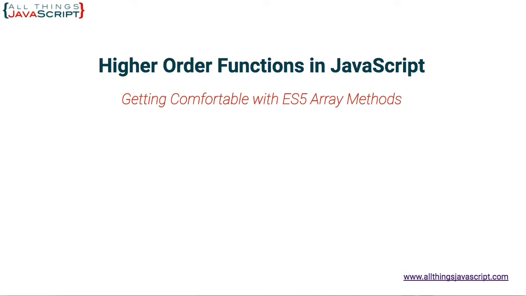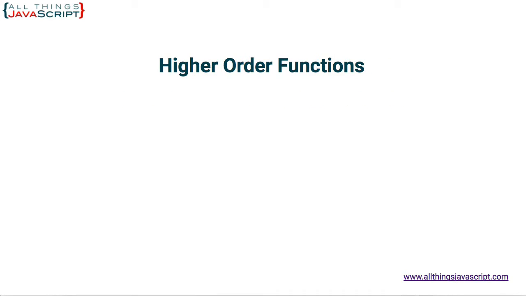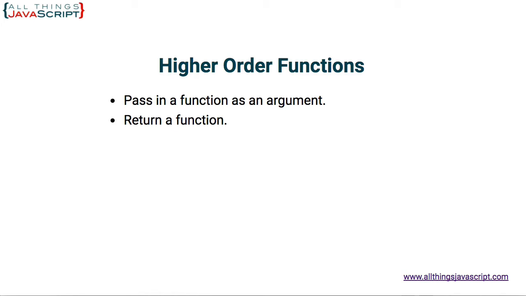Now first, I mentioned higher order functions. What is a higher order function? Well, basically that's simply functions that are able to act on other functions. So you can pass a function in as an argument, and you can return a function as a return value. The reason I mention higher order functions with these array methods is because every single one of them that we will look at allows you to pass in a function.